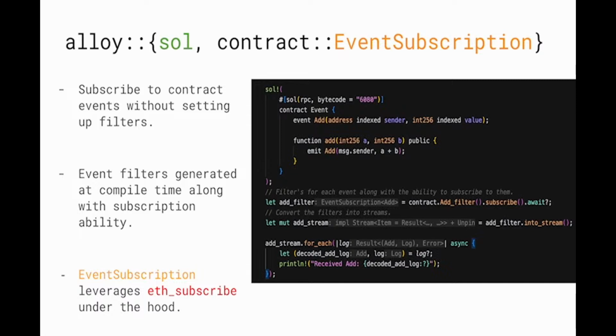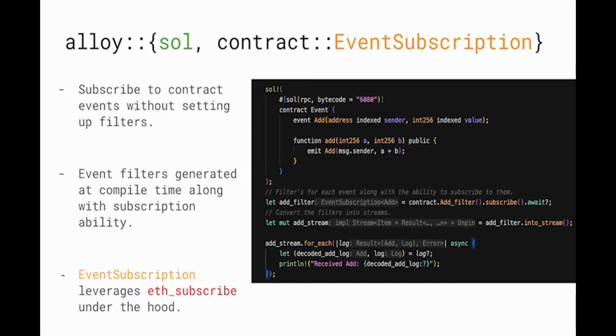Similarly, we have the event subscription. Without setting up filters for listening to logs or events, you can just use the Sol macro, pass your event in Solidity, and create a filter for it. It also provides you with the subscribe method for subscribing to a stream, and you can use a watch method in case you want to poll the endpoint and not subscribe.